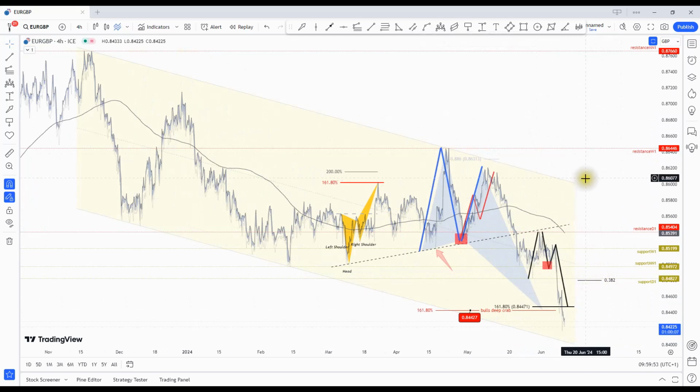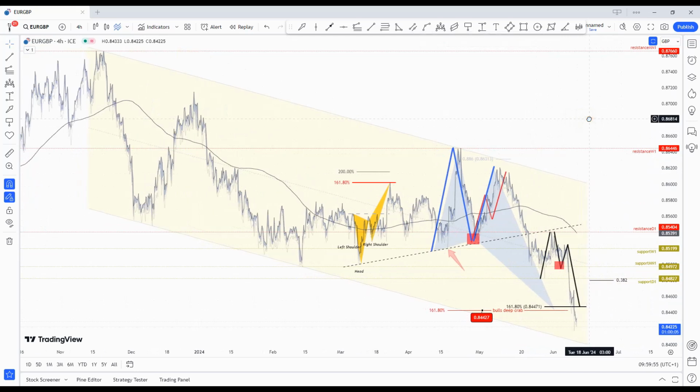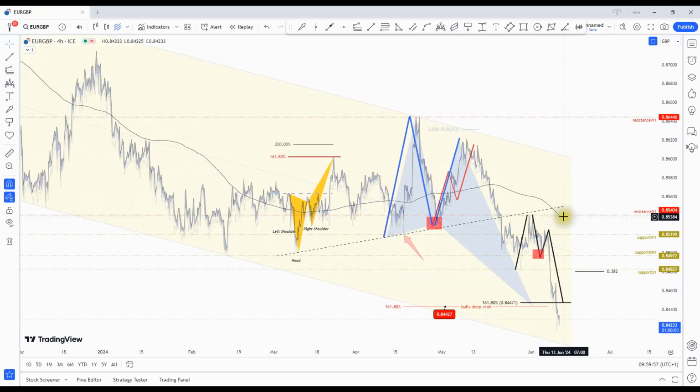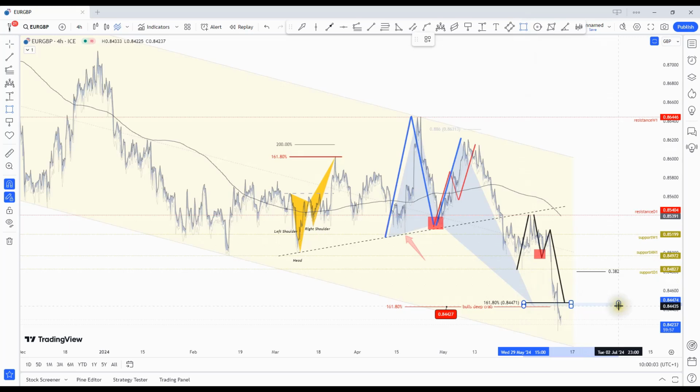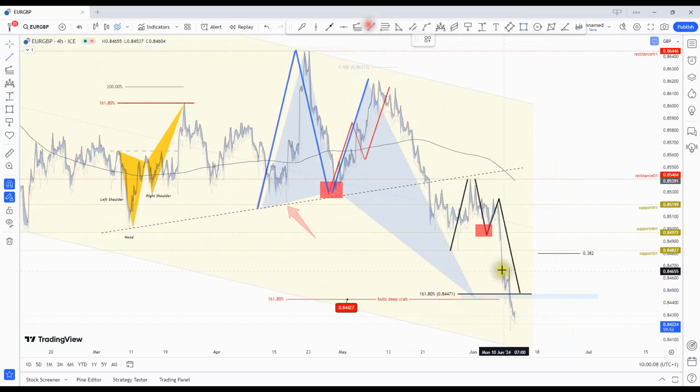And jumping directly to the euro versus the pound, I shared these potential bullish deep crab patterns yesterday on my last video. It looks like there was a very small and shy attempt, but completely failed. We have new lower lows.